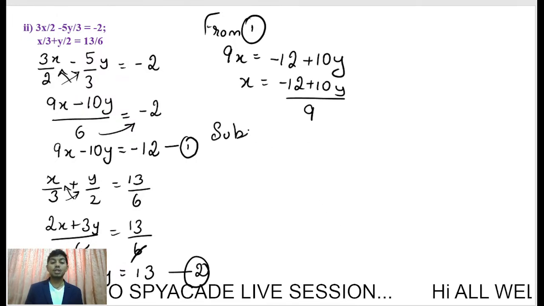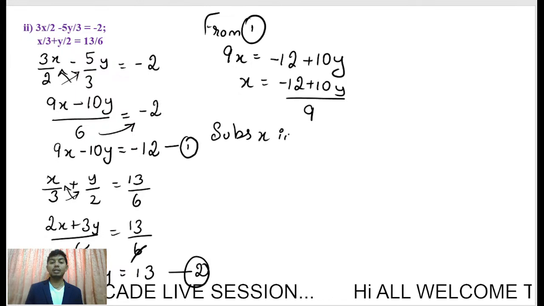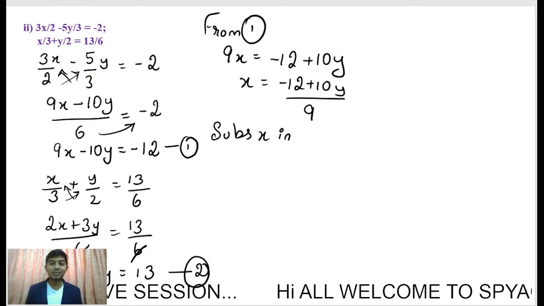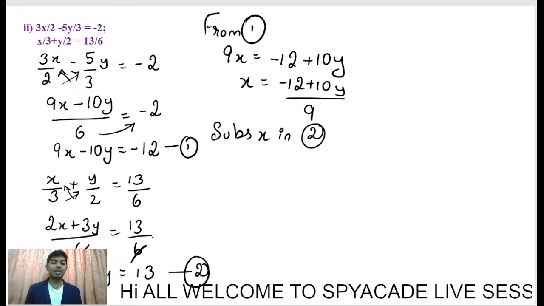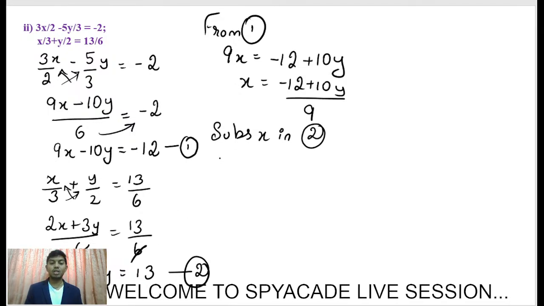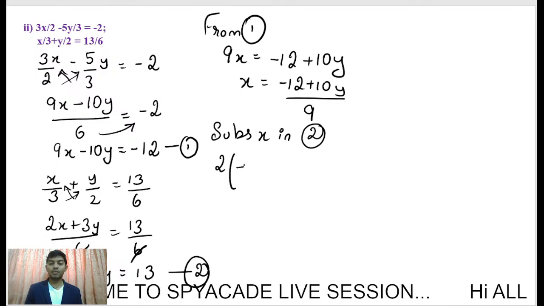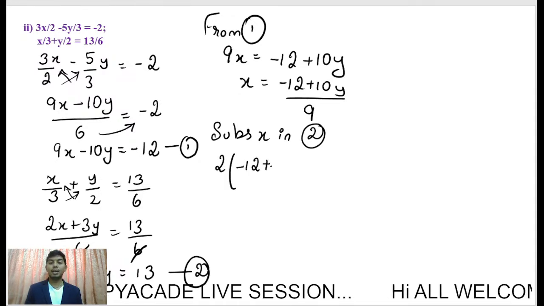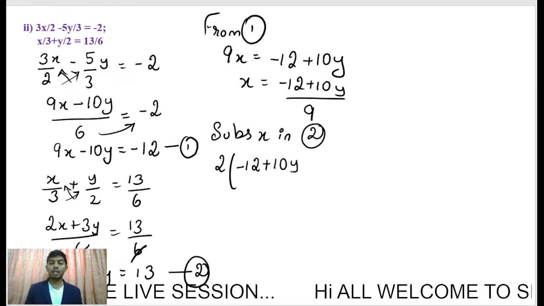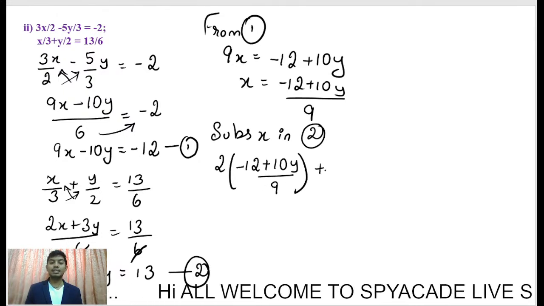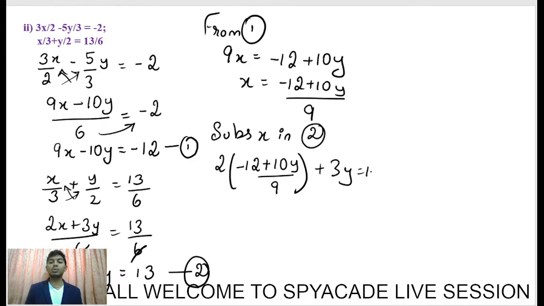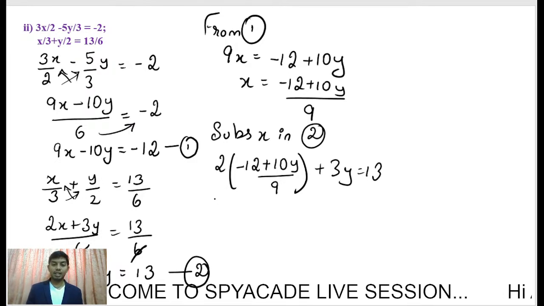Now substitute the x value in the second equation. In the second equation, here only we have to substitute. So 2 into, in the place of x, minus 12 plus 10y divided by 9, plus 3y is equal to 13. Is it clear?